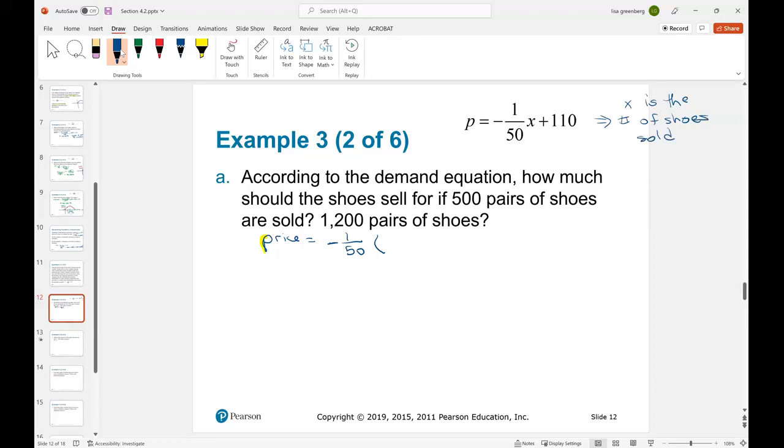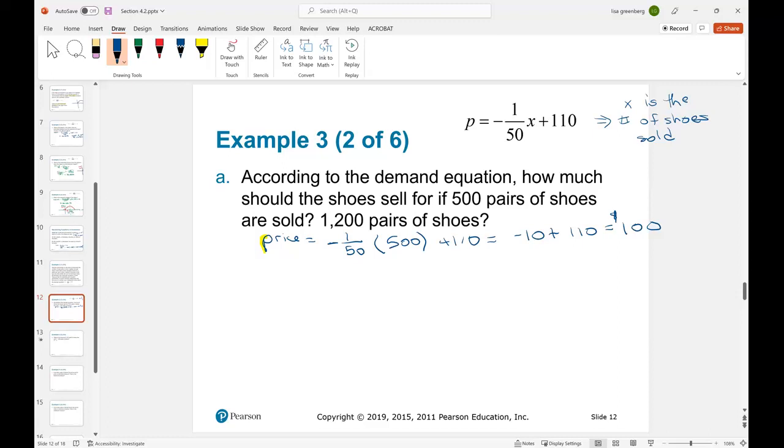So for the 500, I just put in 500 here, plus 110, which equals, well, 50 divided by 500 is 10. So we get minus 10 plus 110, which is equal to $100. So if I am going to sell 500 pair of shoes, I need to charge $100 a pair.